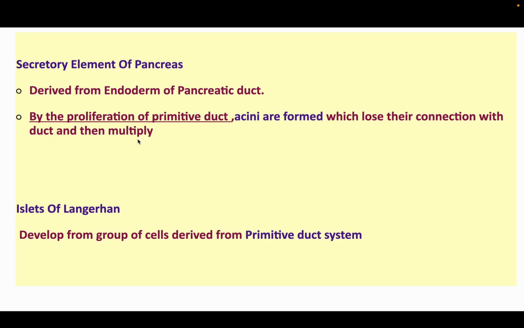They take the function of secretion. The islets of Langerhans develop from groups of cells derived from the primitive duct system again. Some cells take the endocrine function, some cells take the exocrine function of the pancreas.